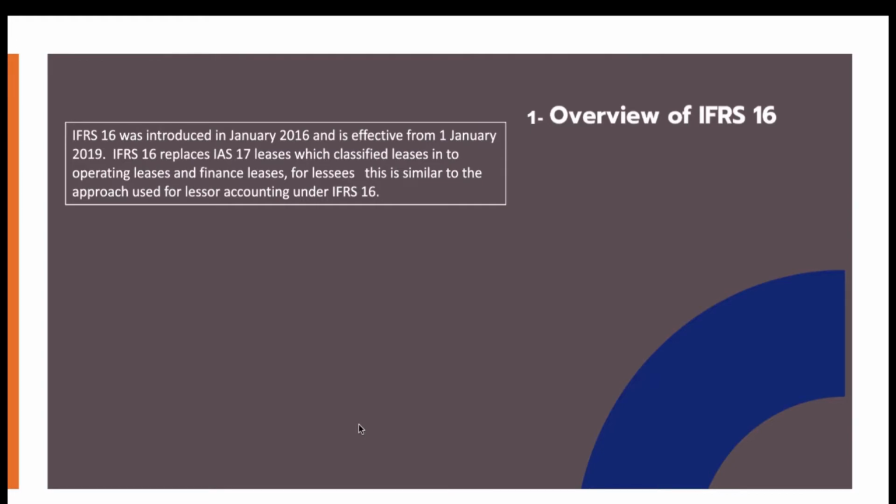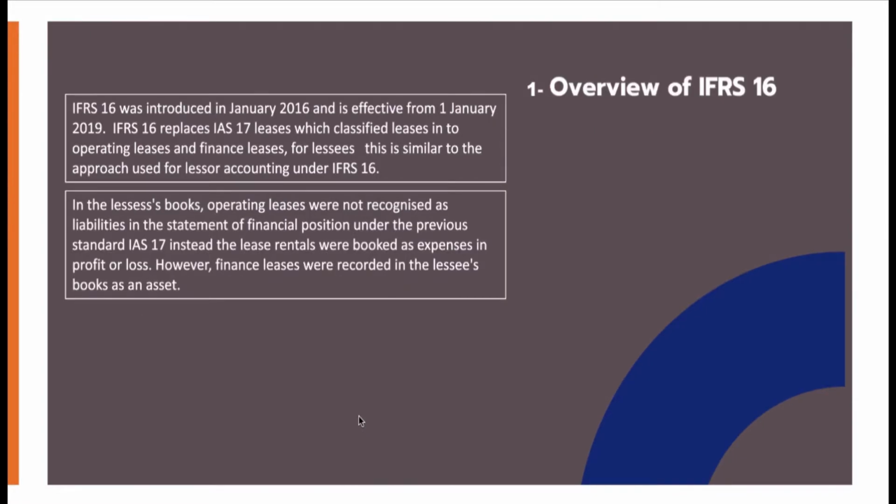For the lessee, this is similar to the approach used for leasehold accounting under the new standard. In the lessee's books, operating leases were not recognized as liabilities in the statement of financial position under IAS 17. Instead, the lease rental was booked as an expense in profit or loss.